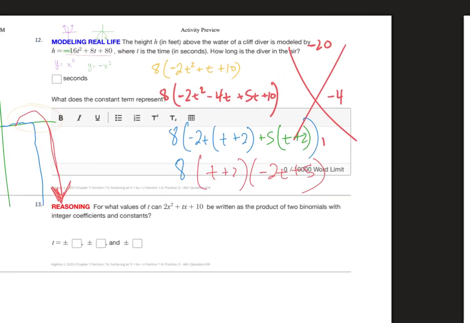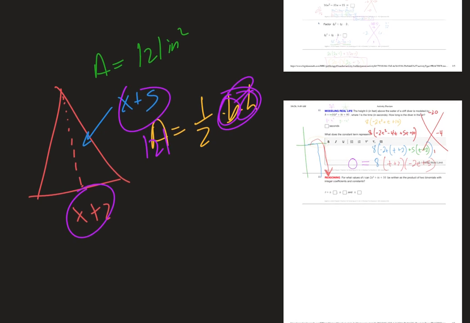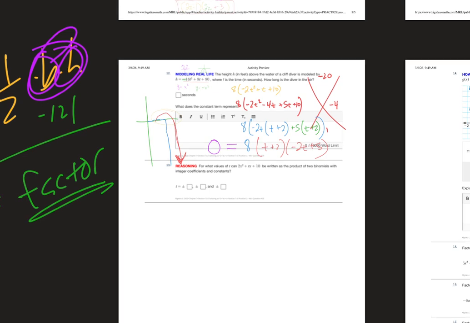The whole thing would boil down to when this equaled 0. Okay, and if you're like, wait, what? That's what I'm saying over here. We would have subtracted 121 from both sides, and we would have had 0, and then we would have factored this. And then technically we could have figured out when it was equal to 0.